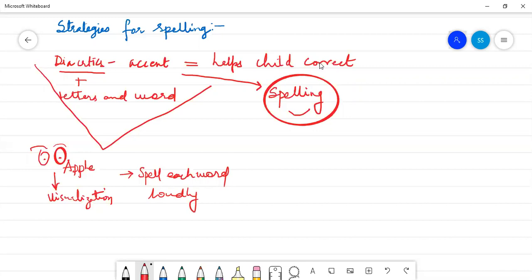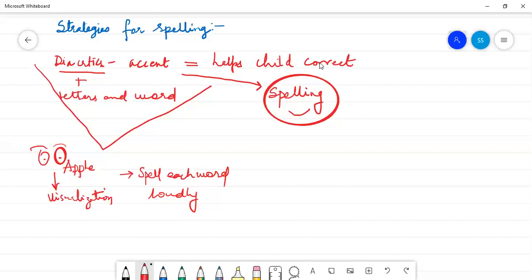So here the child has to spell each word loudly, looking at it, and then ask the child to look away and spell it out loudly again, several times, before writing it down. So once you visualize, ask them to see the letters, see the words, and say them loudly.